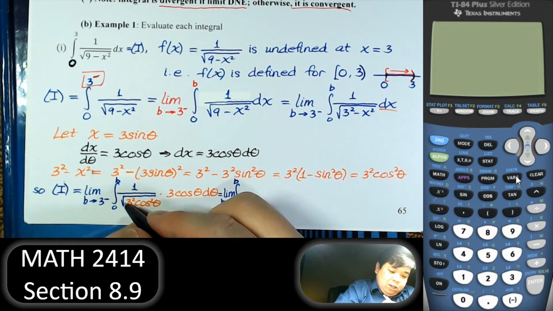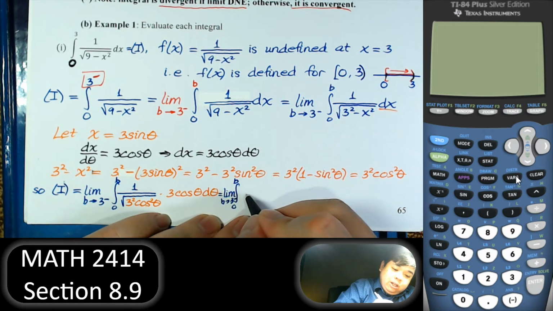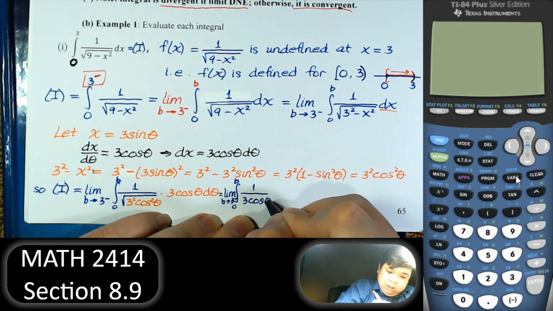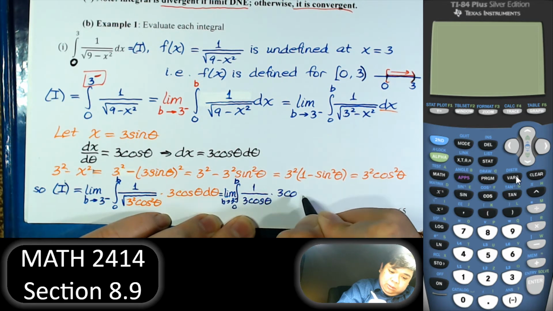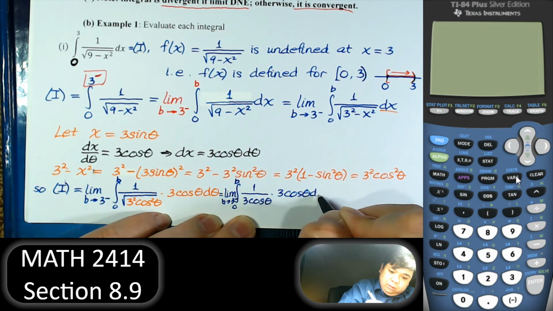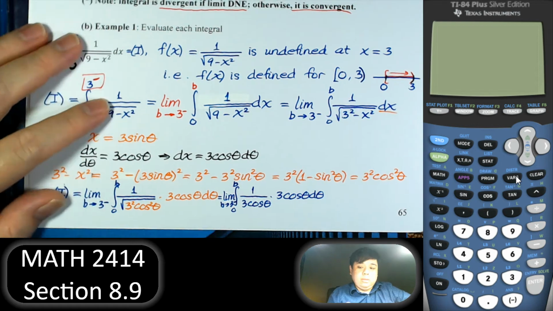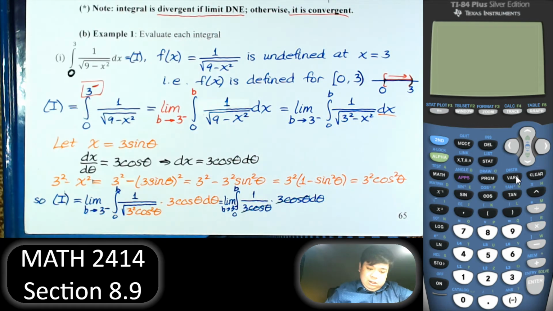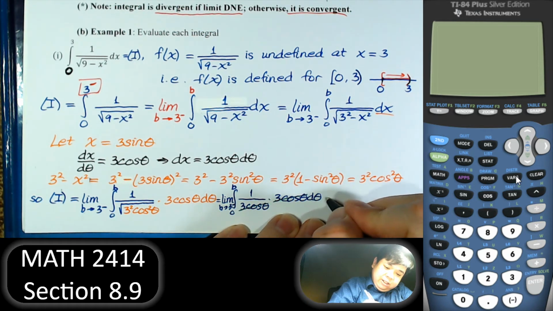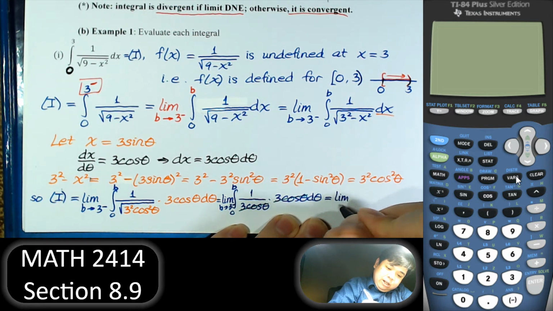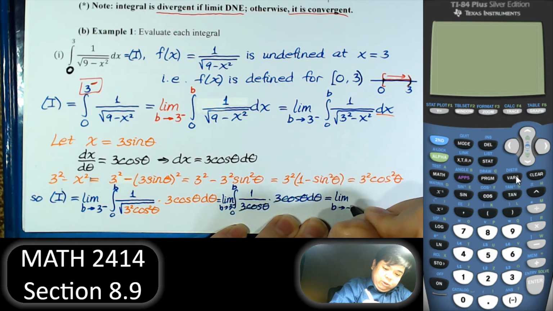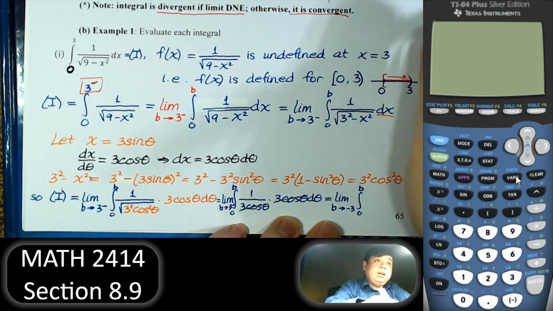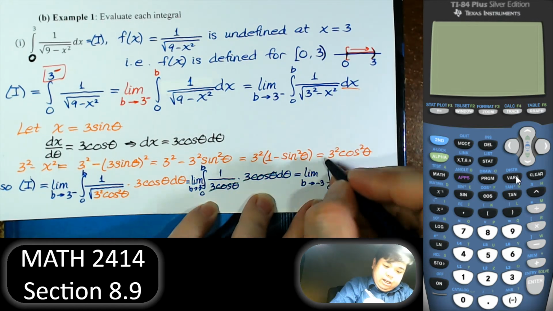Right, and square root of that, so that cancels out. So the bottom is 1 over 3 cosine theta, and that cancels out nicely. So we just have the limit as b goes to 3 from the negative side, and go from 0 to b, and then just d theta.